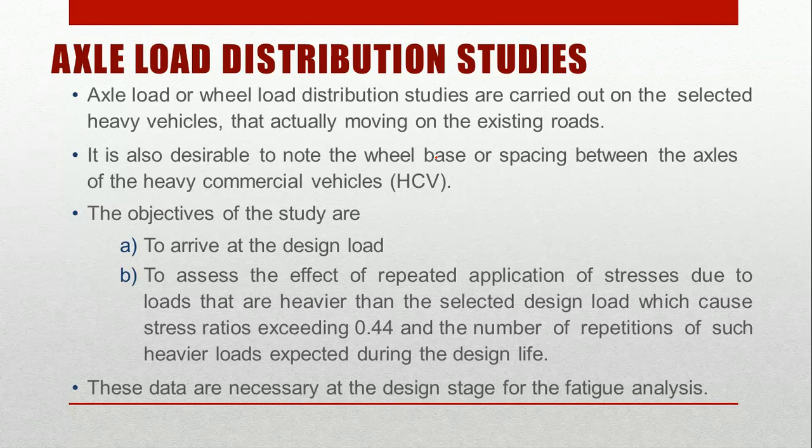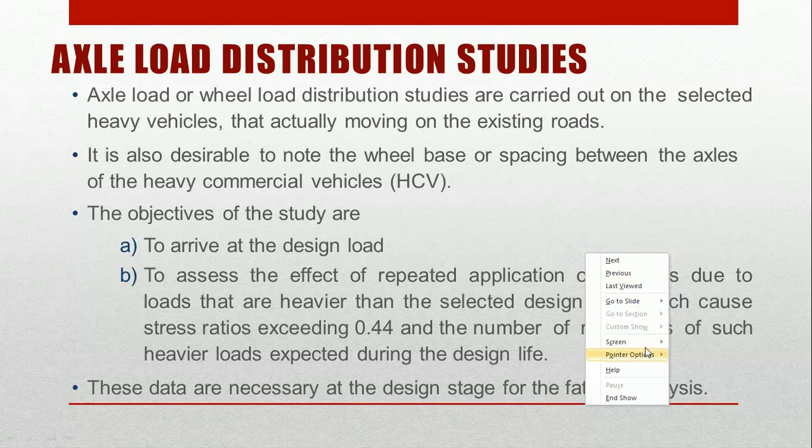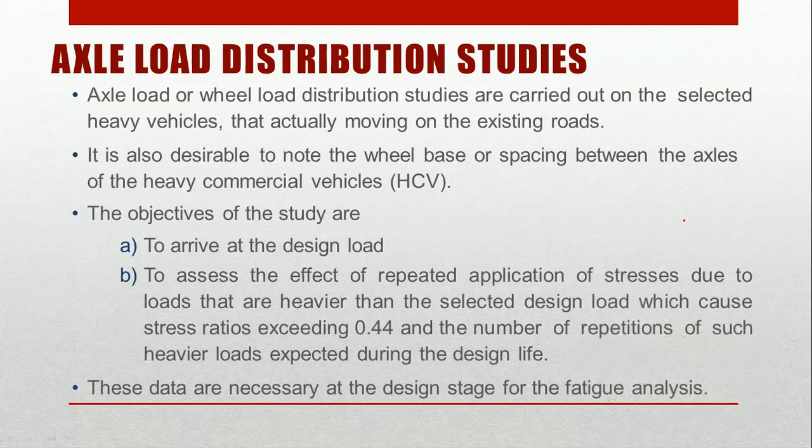One more thing we need to consider in the design is the axle load distribution studies. That means how the load is distributing, what is the number of commercial vehicles moving on the pavement, and which type of vehicles are moving. All the data we need to collect here, that is, axle load distribution studies are carried out on a selected number of vehicles actually moving on the existing road.